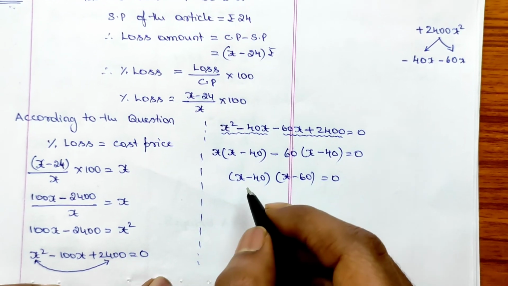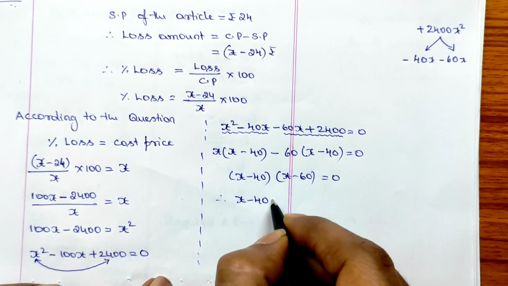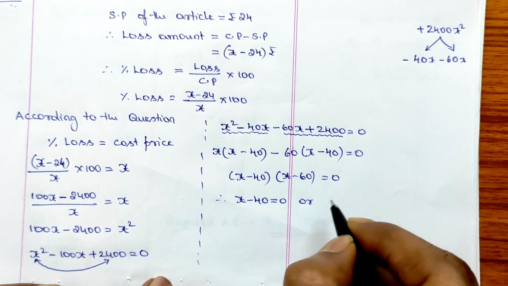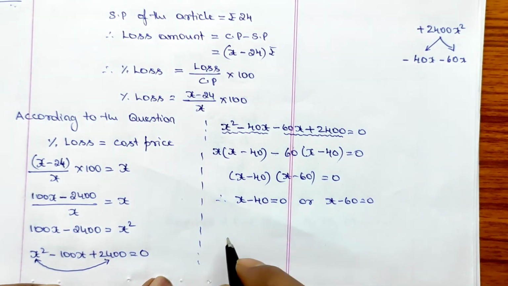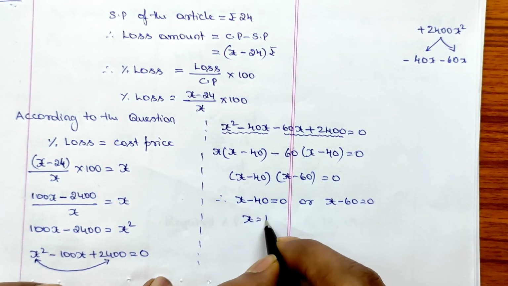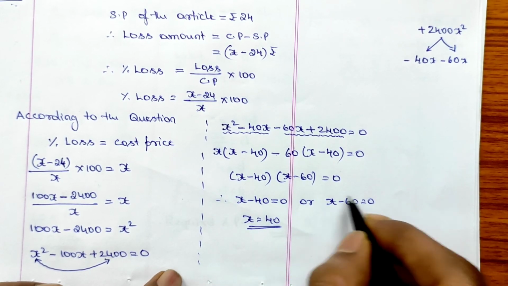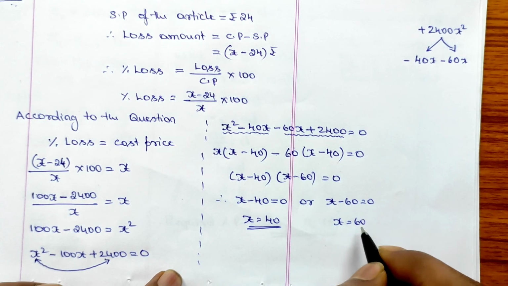The product of two binomials is equal to 0, therefore either the first binomial is 0 or the second binomial is 0. Suppose first x minus 40 is equal to 0, then x is equal to 0 plus 40, that is 40. x minus 60 is equal to 0, then x is equal to 0 plus 60, that is 60.